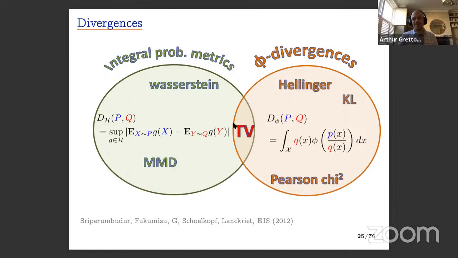There is an ordering of the topologies, and KL, you can think of that as witnessing a strong topology, whereas MMD or Wasserstein a weak topology. There are some slides where we're going to revisit that if we get to them. Otherwise, we can talk about it later.